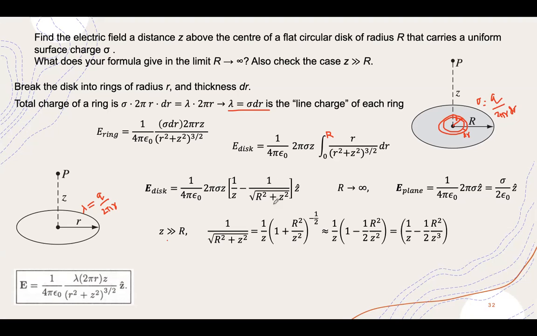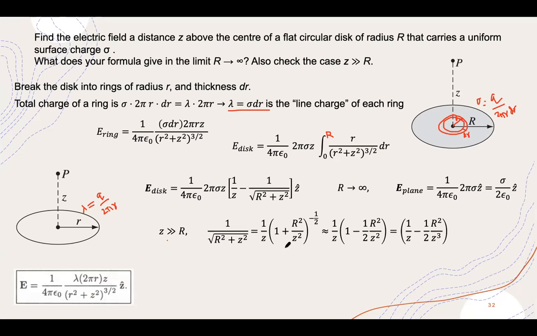So for that, we can just use the binomial expansion, and we know that 1 over root of r square plus z square can be written as, if I keep z outside, then z square under the square root is simply z, and then it is going to be 1 plus r square over z square.